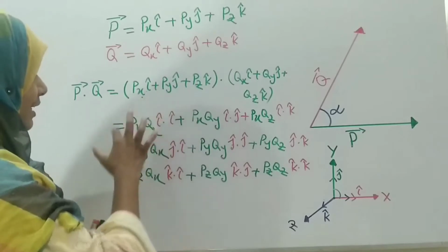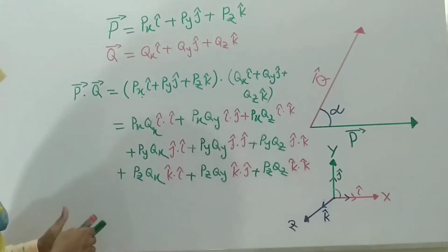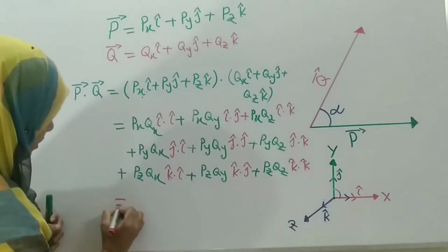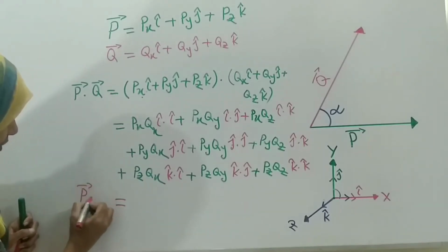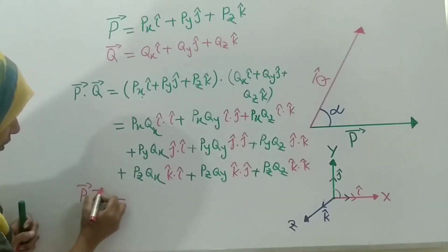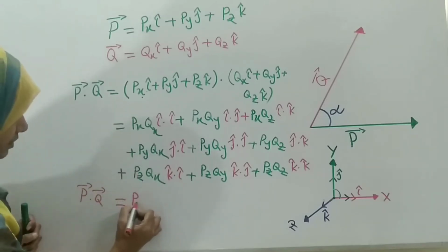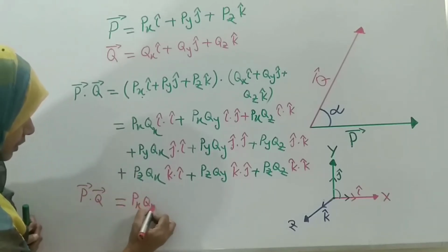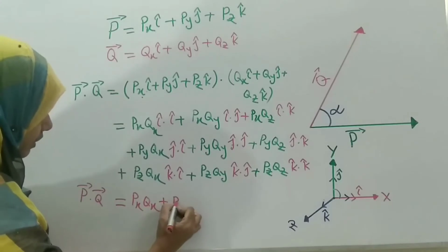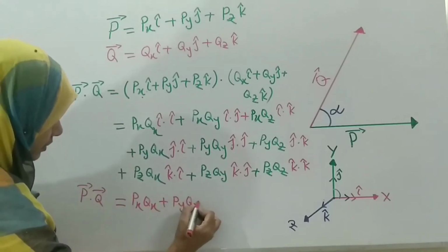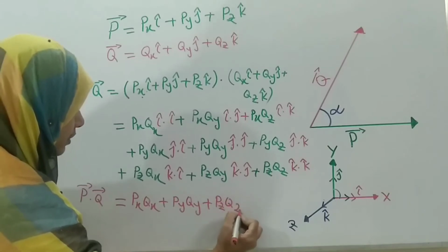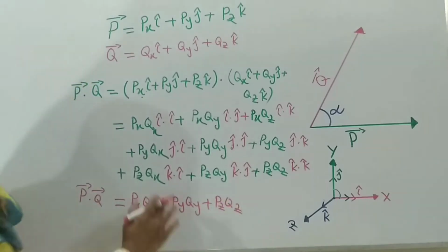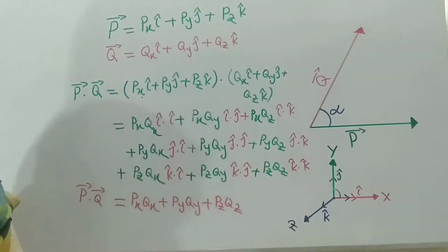So we can easily write that the product of two vectors by component will be Px Qx plus Py Qy plus Pz Qz, because others value will be 0.